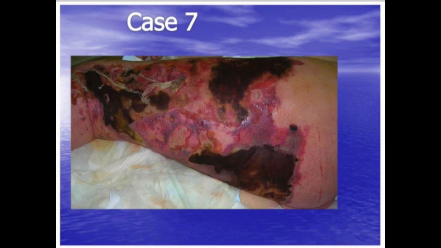Because this patient went and swam in salt water and is a heavy alcohol drinker, you have to suspect Vibrio vulnificus. Other causes of bad cellulitis include, of course, group A streptococcus, which can spread to the fascia, and Staph aureus.